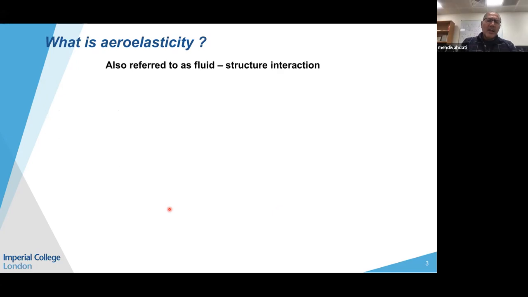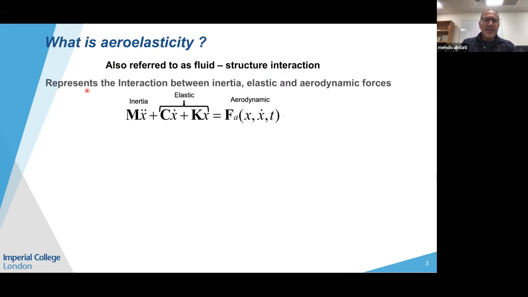So what is aeroelasticity? It's also referred to as fluid structure interaction, and it represents the interaction between inertia, elastic, and aerodynamic forces. You can see that this represents the aeroelastic equations of motion.